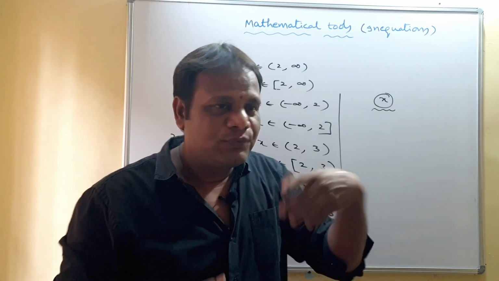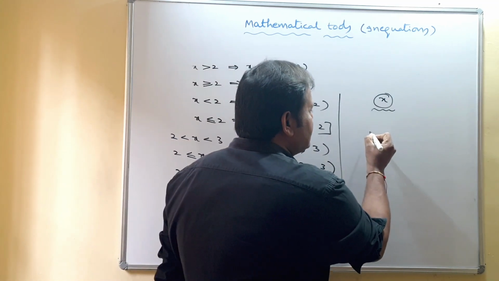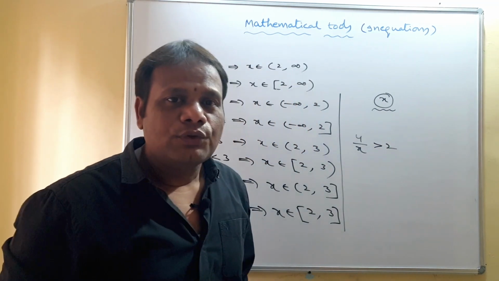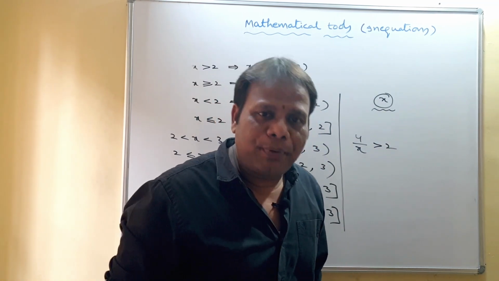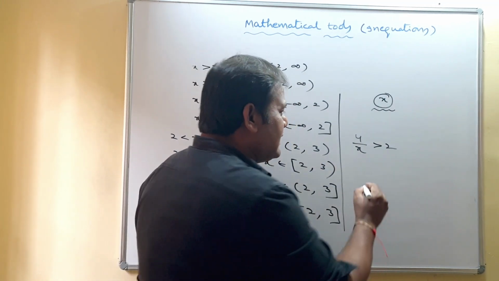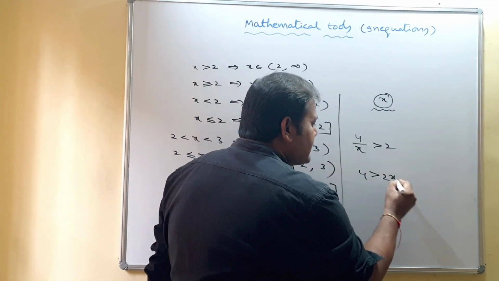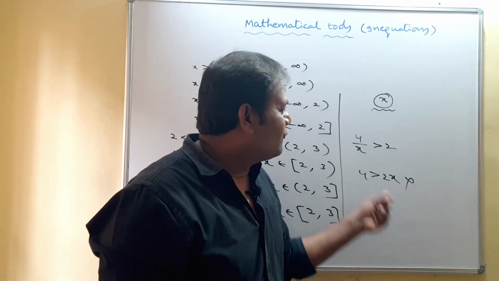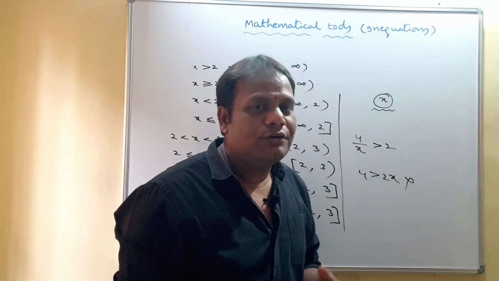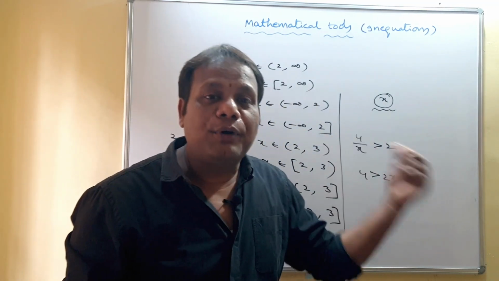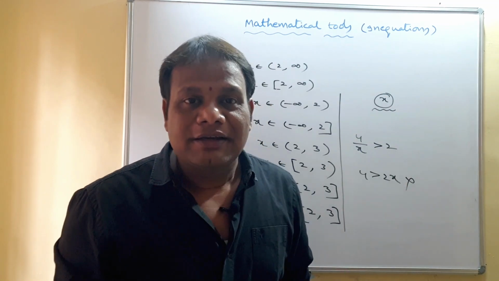Suppose while solving one question, there is 4 by x greater than 2. Many students blindly do cross multiplication and write 4 greater than 2x. It is wrong. Why is this wrong? Because we don't know whether x is positive or negative. x may be positive or x may be negative.